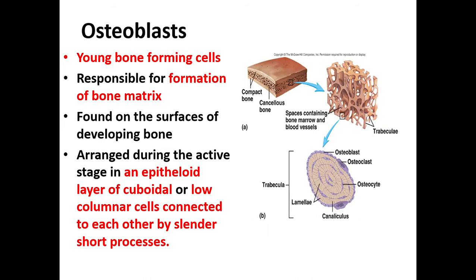Take note that from the osteoprogenitor cells, the cells will form the youngest bone cell, the osteoblast. So they are the young bone forming cells, and their main function is to form the solid matrix.